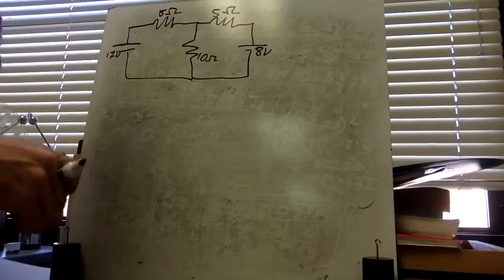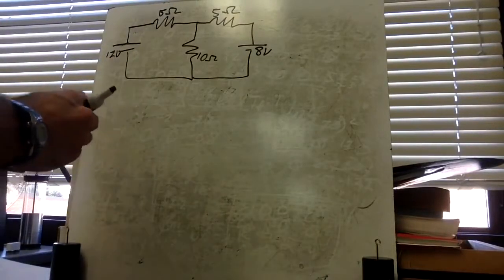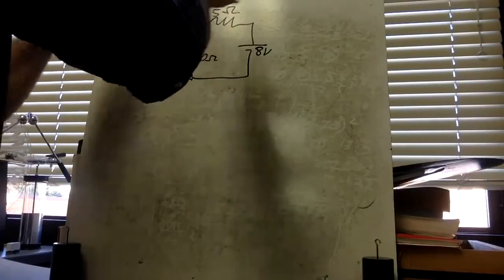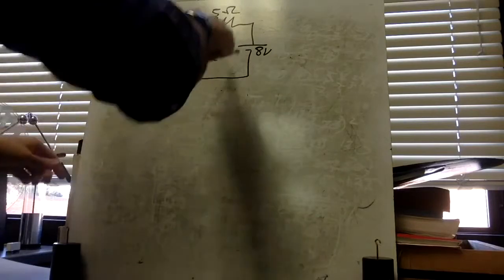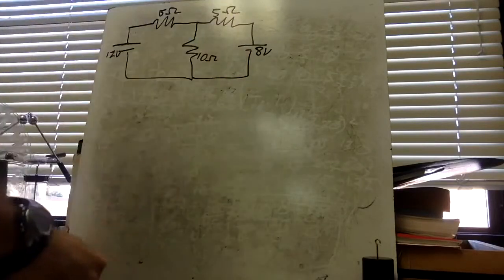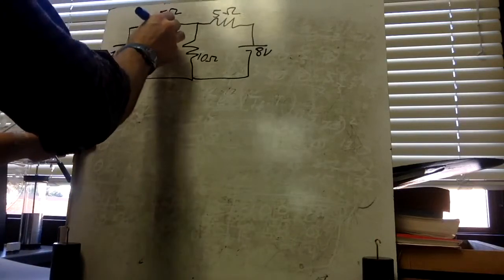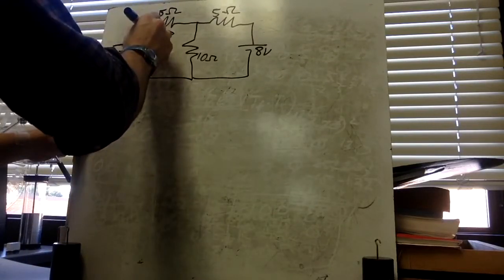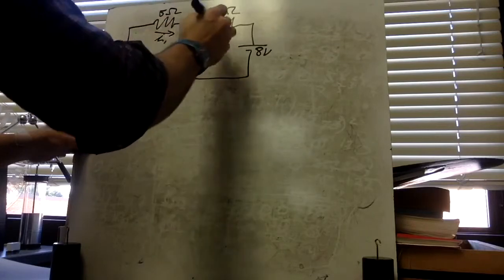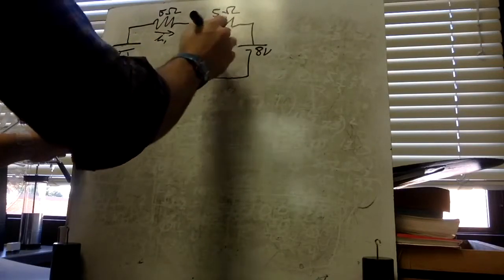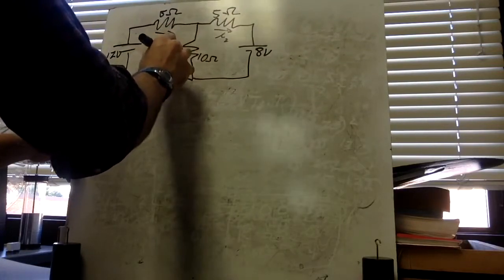Okay, so here's where things get interesting, because now we've got 2 batteries and 2 loops, or 2 circuits, actually 3 loops: 1, 2, and 3. So how many currents do we have? We've got 1 current in this wire, so we'll call this I1. We'll call this I2, and we'll call this I3.